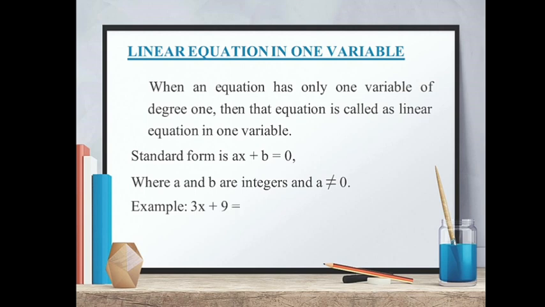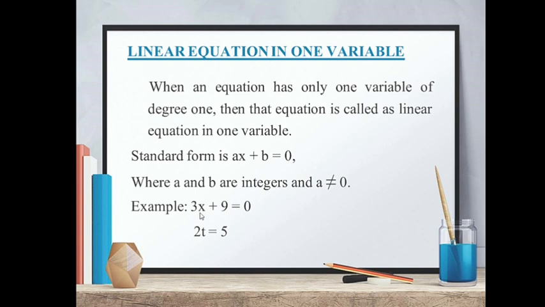Example: 3x plus 9 equals 0, and one more example, 2t equals 9. So these two are the examples of linear equation in one variable. Here 3 is the coefficient, x is the variable, 9 is the constant.